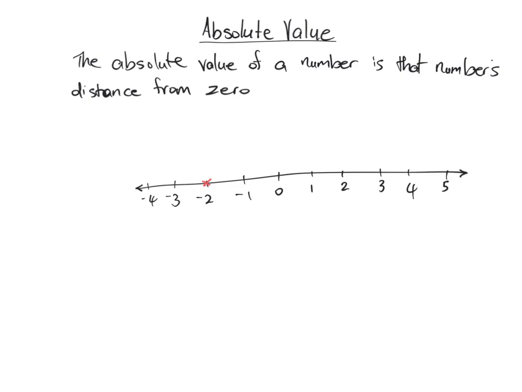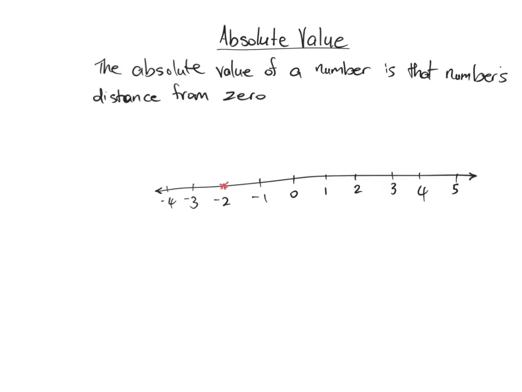Well, if you take a look at -2, how far is -2 from 0? Well, 0 is right here, and it's 2 units from 0. So the absolute value of -2, written in this way, are these absolute value signs. The absolute value of negative 2 is the distance from 0, so it's 2.